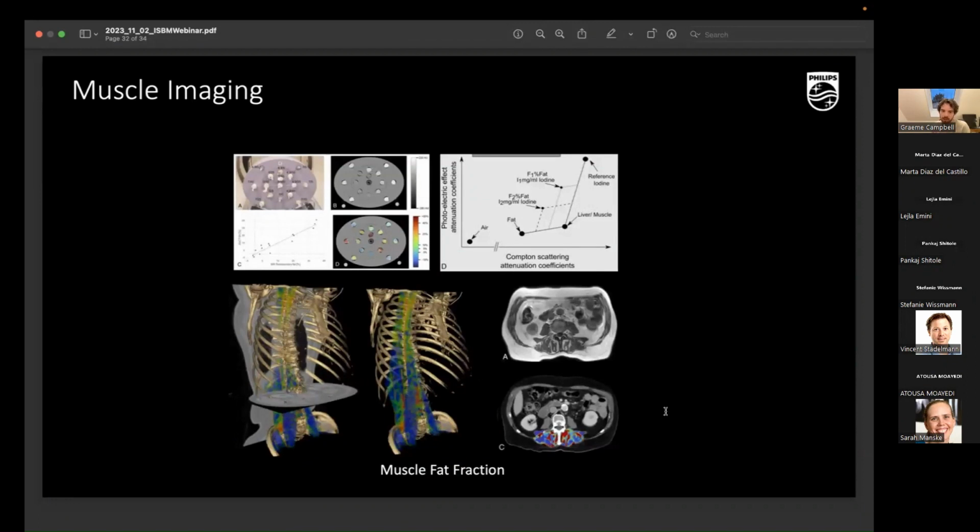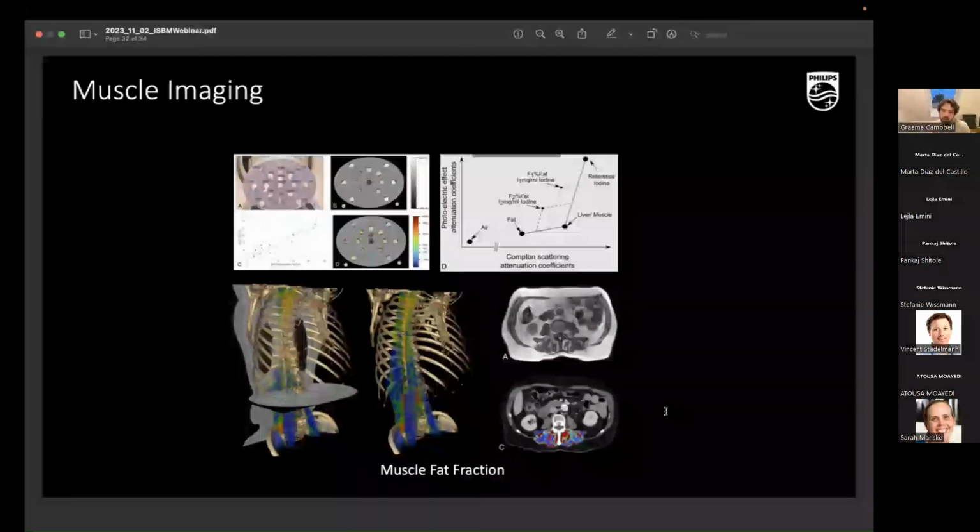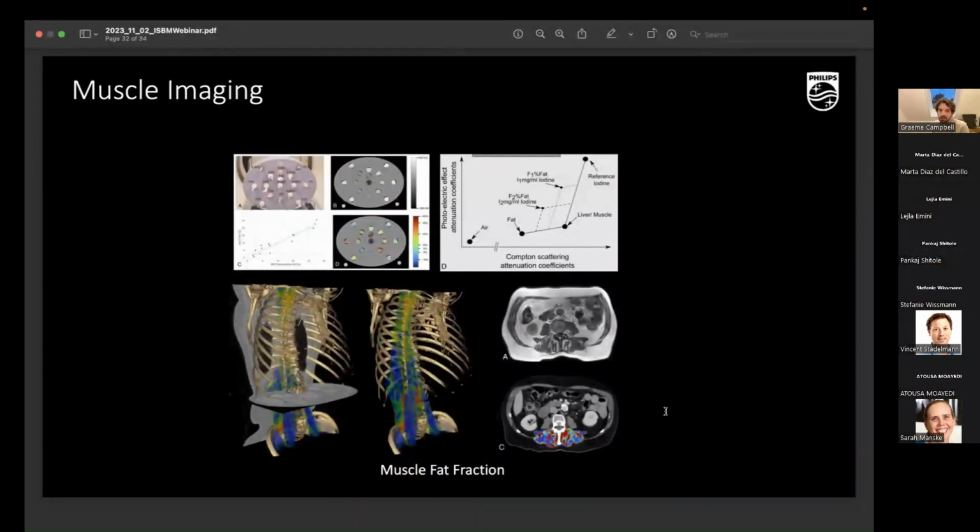So can we use spectral imaging to eliminate the iodine signal of the contrast? Can we look at the fat muscle, fat water sort of difference? And also, I think we're looking a bit into muscle edema as well. So this would be another topic in this.